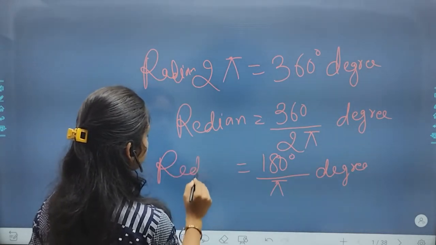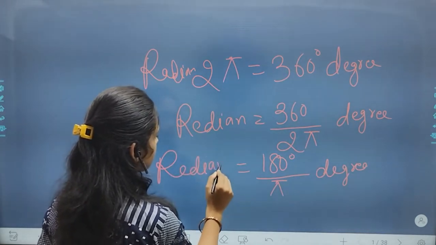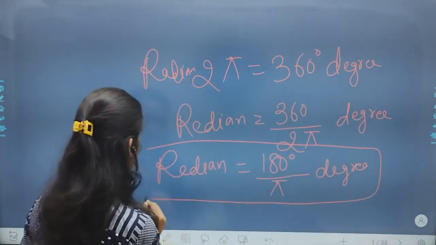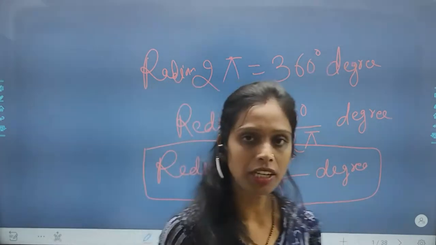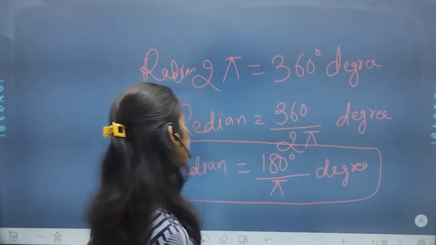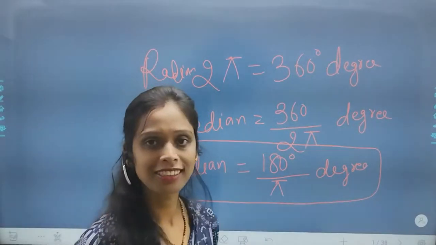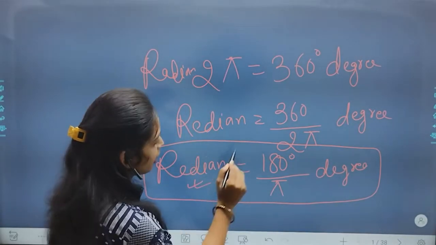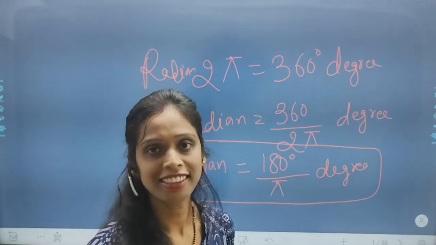This is the relation between radian and degree.